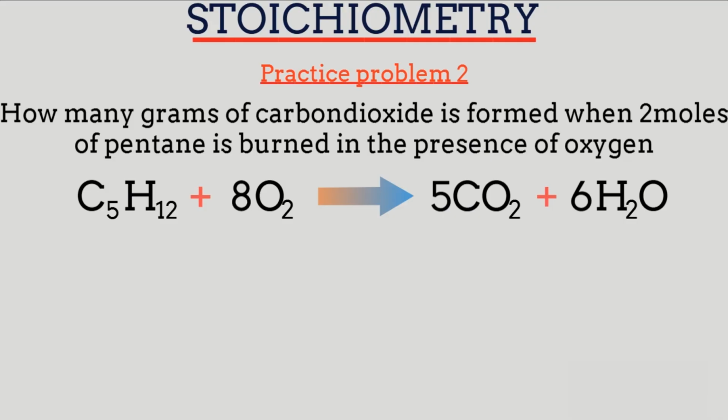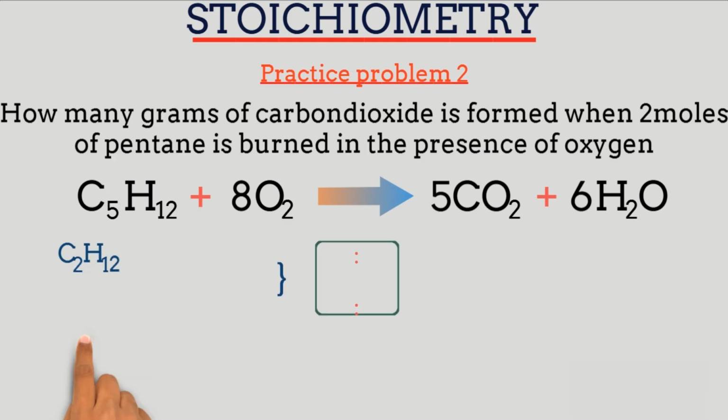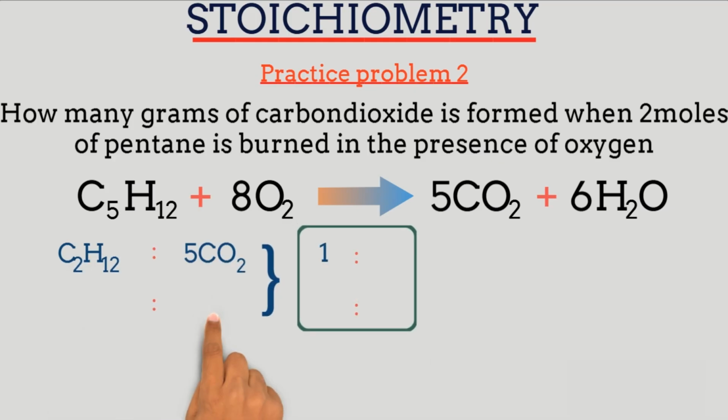From this question, we need to know the amount in moles of carbon dioxide produced so that we can use the relationship number of moles equals mass over molar mass in order to determine the amount in grams of carbon dioxide. From the mole ratio or numerical relationship in this reaction, 1 mole of pentane C5H12 is to 5 moles of carbon dioxide CO2.